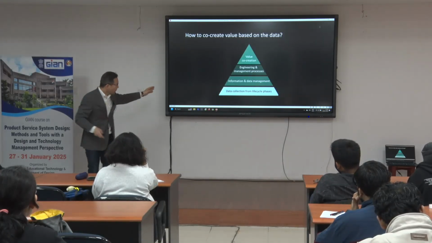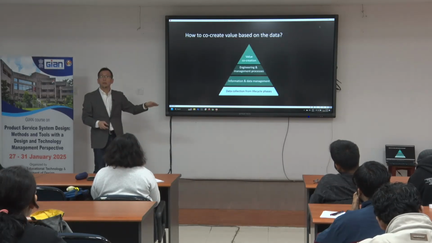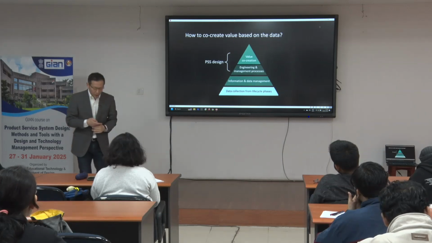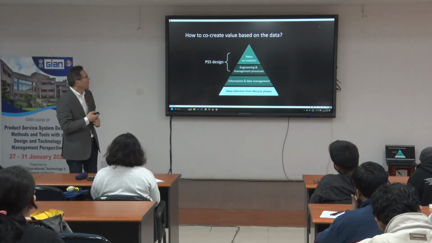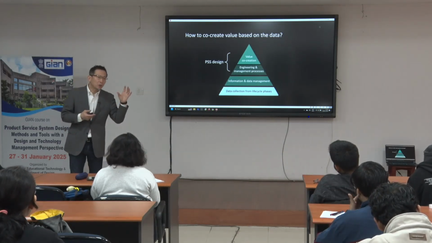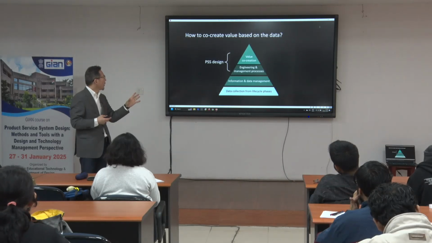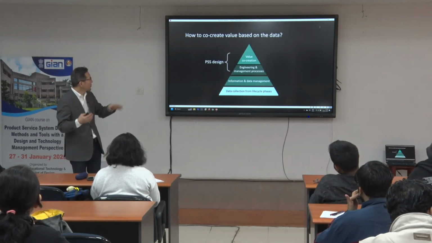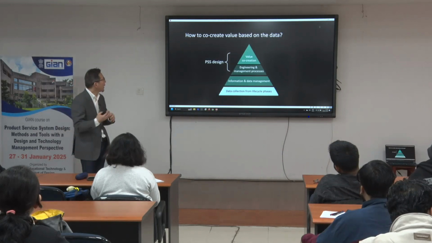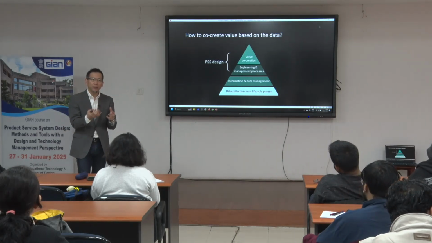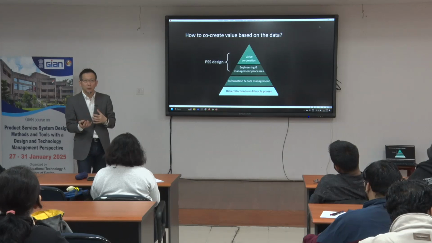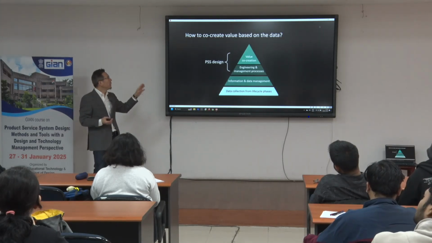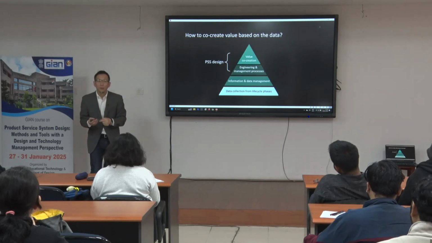So that is located in the second layer of the pyramid here. Now here, the interesting thing is when it comes to PSS design, it mainly concerns the engineering and management processes as well as how the value can be created through such processes. So these first two layers of the pyramid are the target of PSS design.